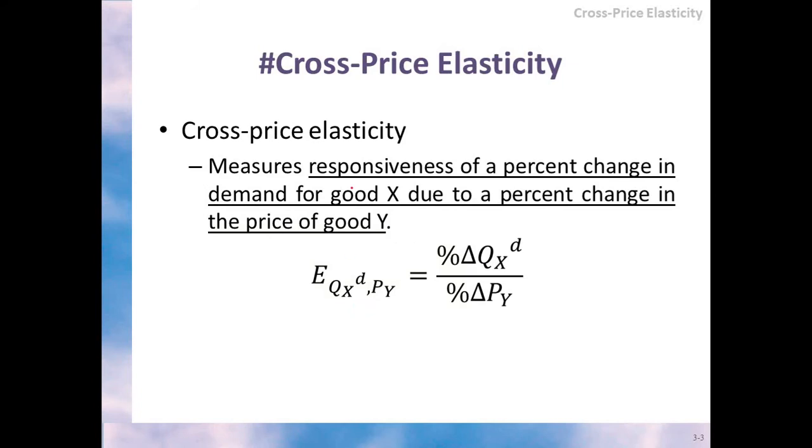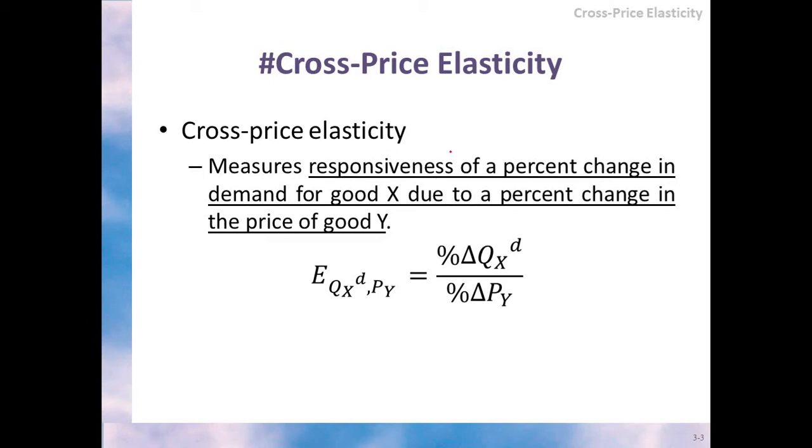We look at the first one, which is the cross price elasticity. Remember last time we learned that elasticity is about measuring responsiveness, and we looked into own price elasticity.